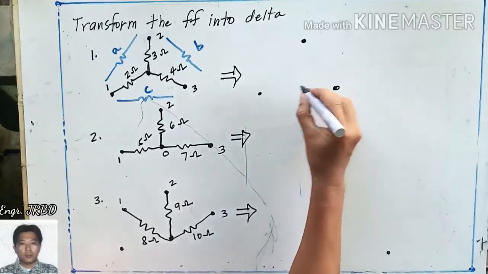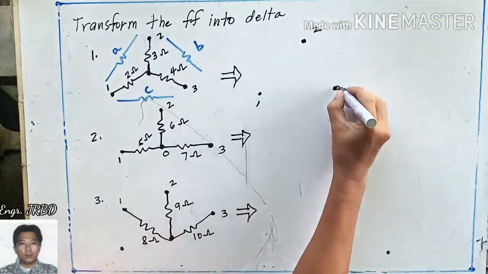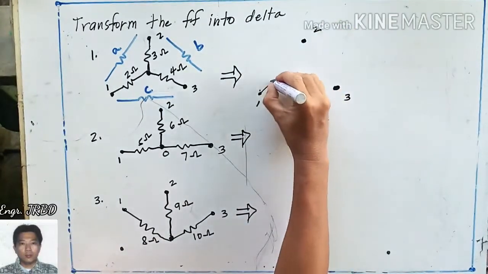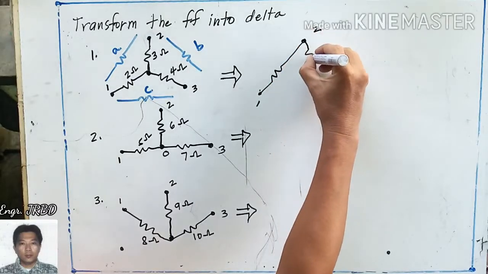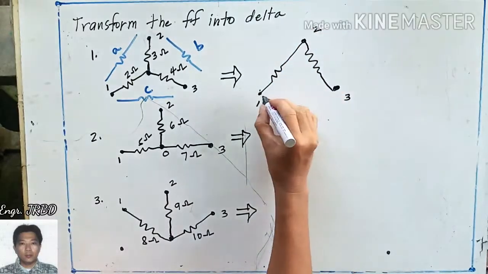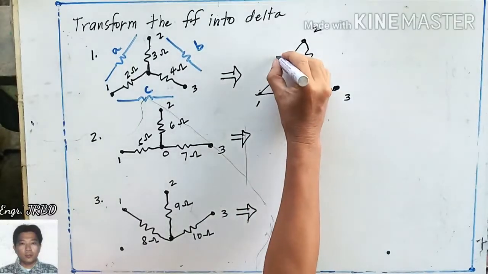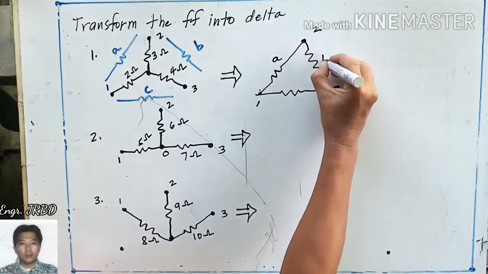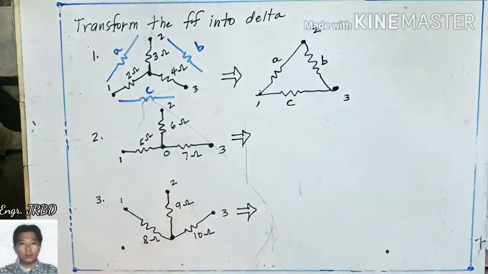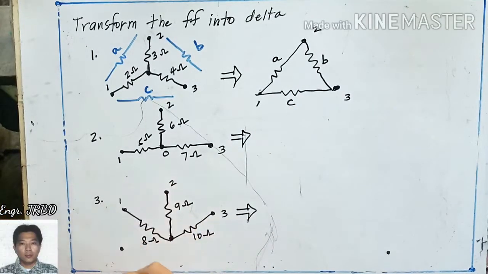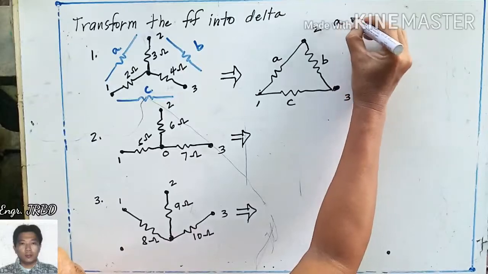This is terminal 1, terminal 2, and terminal 3. This is your A. We have the real B and C. What is the value of A?